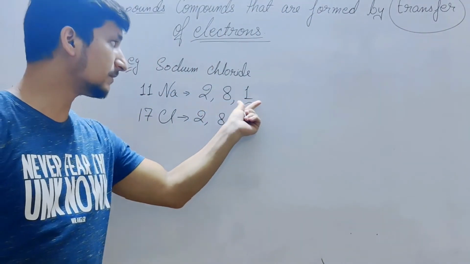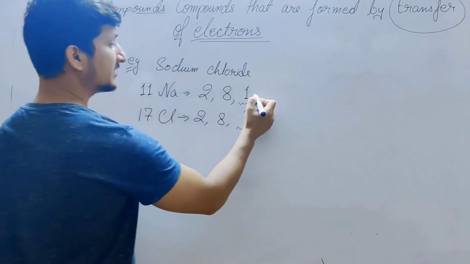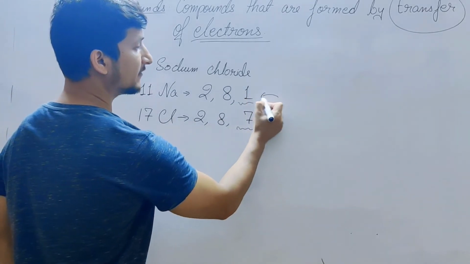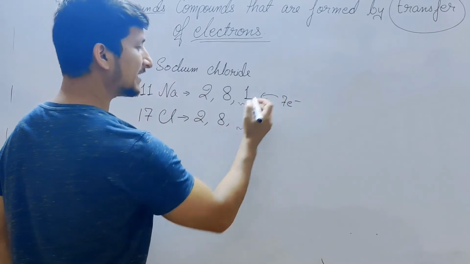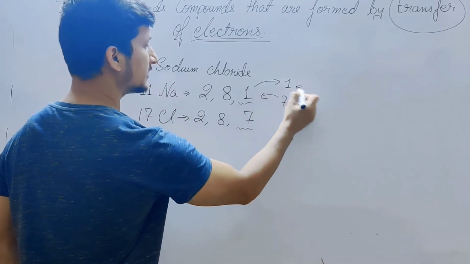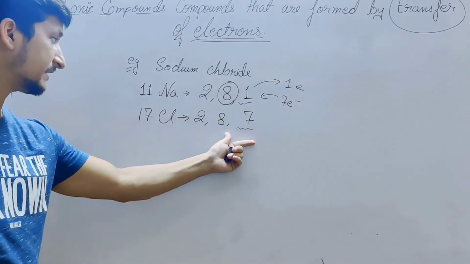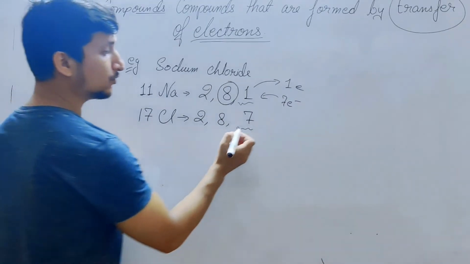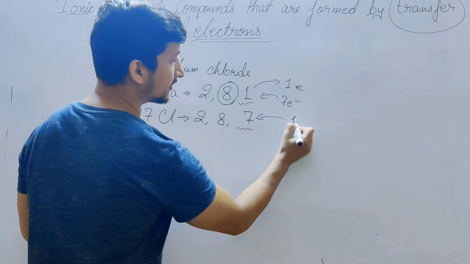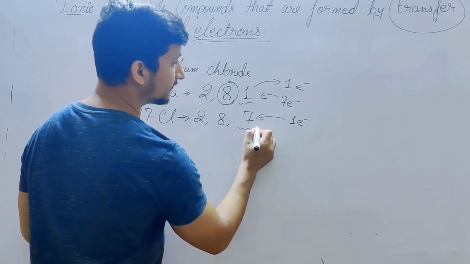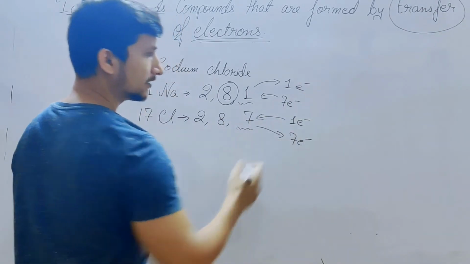So, in order to complete the octet, sodium needs 7 electrons, or if it loses its 1 electron, then the outermost shell will have 8 electrons. Whereas in case of chlorine, there are two ways. Either it will gain 1 electron or it will lose 7 electrons.